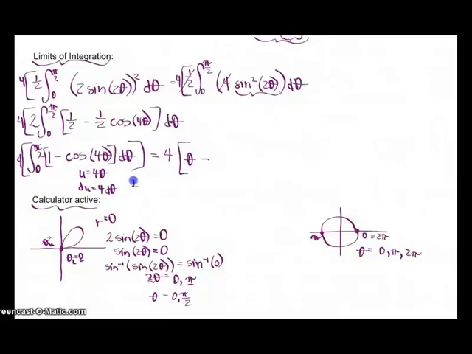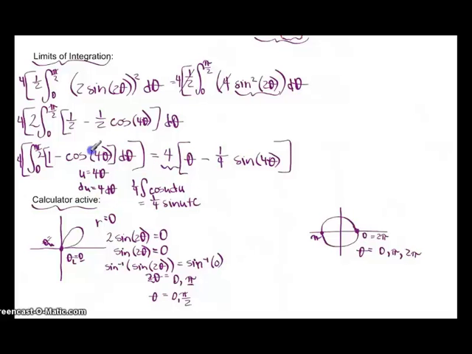So I'm off by 1/4, and now we have the integral of the cosine of u du. Hopefully you see a lot of repetition in this. So the antiderivative here is 1/4 the sine of 4 theta.